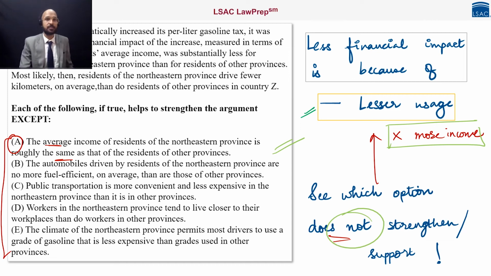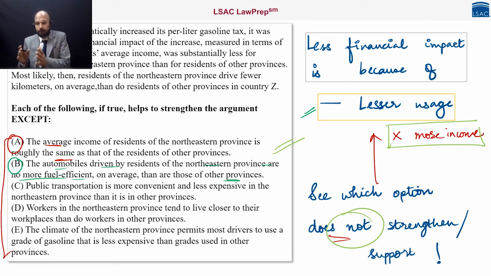Let's look at option B. It says that the automobiles driven by the residents are no more fuel efficient than those of other provinces. So if they are not more fuel efficient, it means that definitely you are driving less, right?